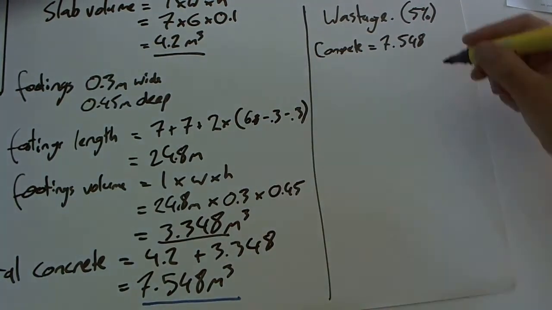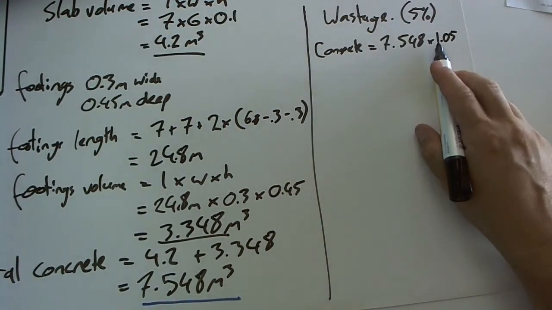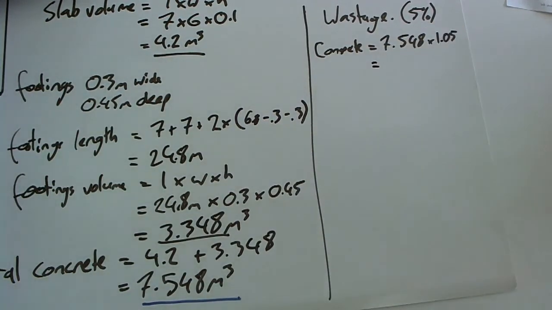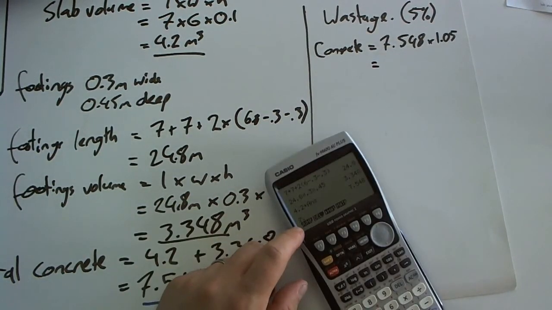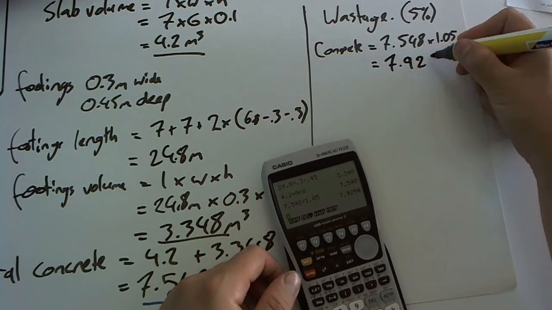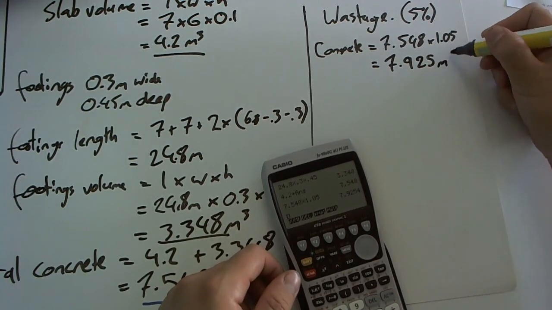So I'm going to times this by 1.05 because that'll give us our original amount plus 5%. So 7.548 times 1.05 gives me 7.925 cubic meters.